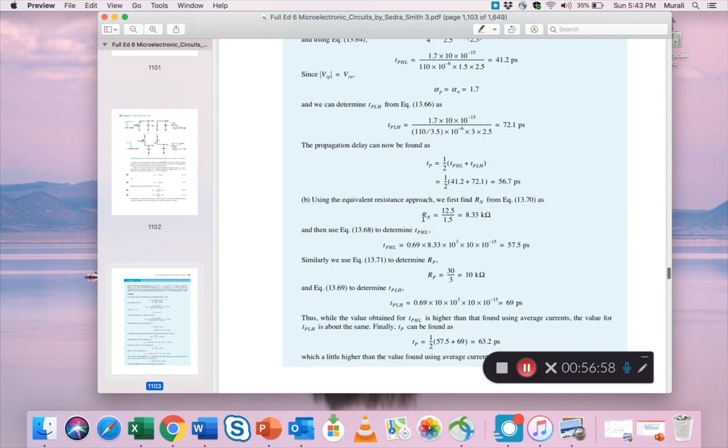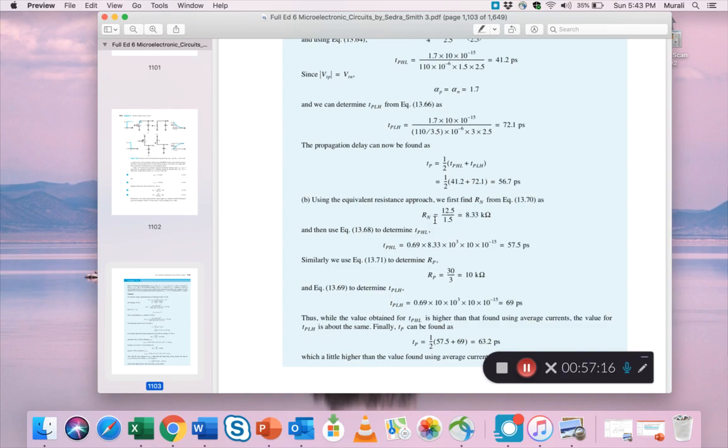Using the other approach, which is a bit simpler, you only need to find two resistances, Rn and Rp, but it's still a two-step process each. Rn is 8.33, and there's an equation there, you can look it up. Then you find tPHL using the time constant method.